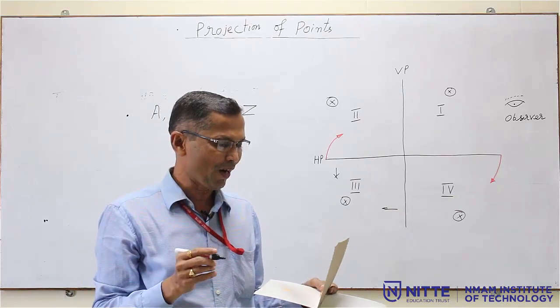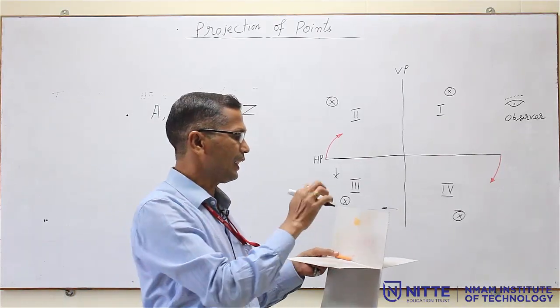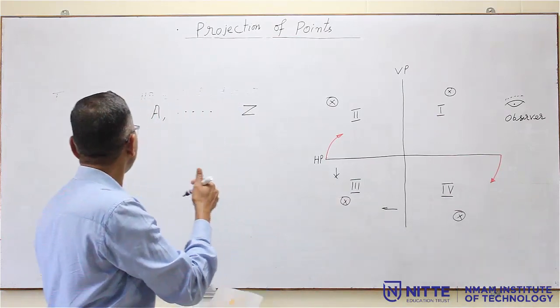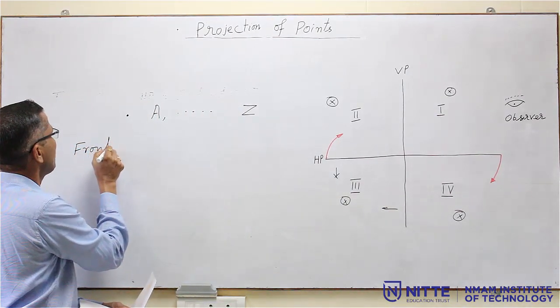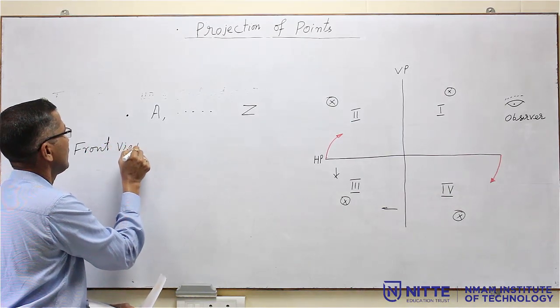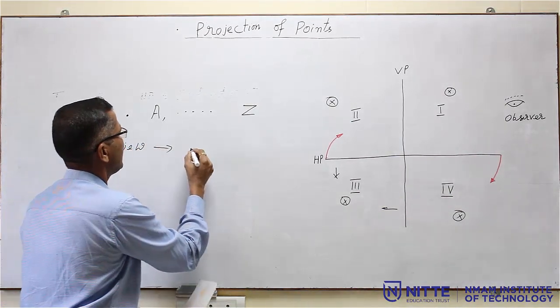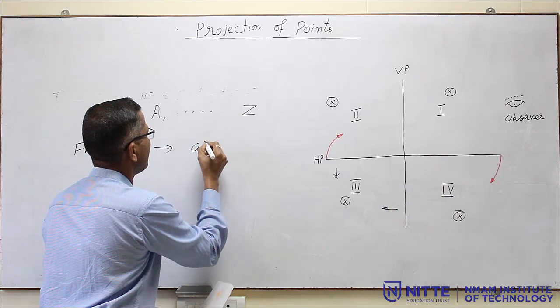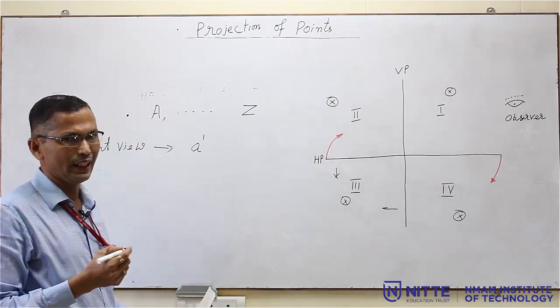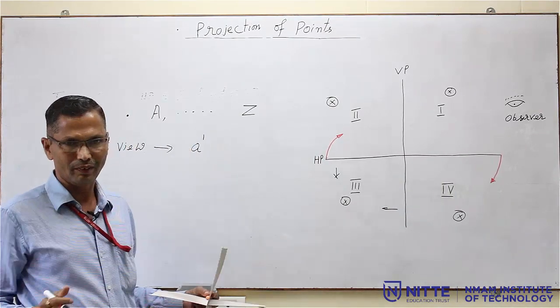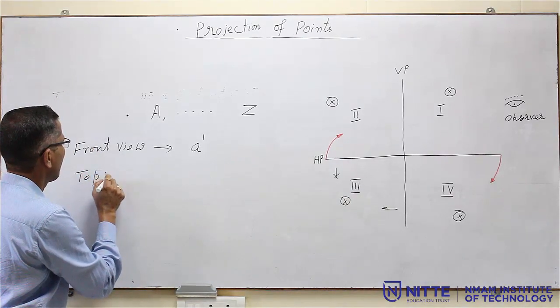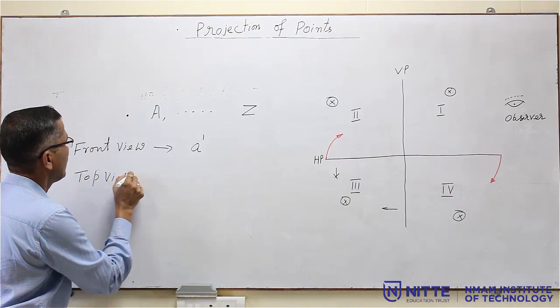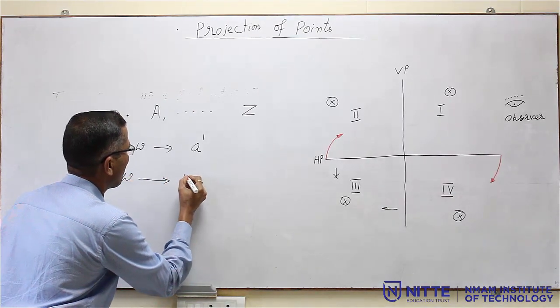If the name of the point is A, then its front view is named as small letter a dash, a with a dash, and its top view is named as small letter a.